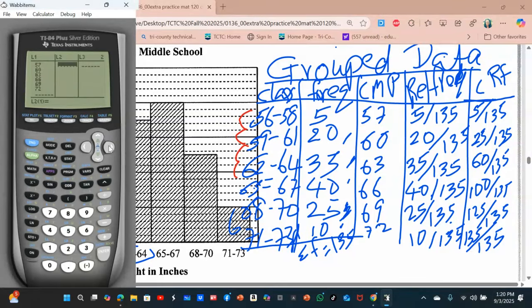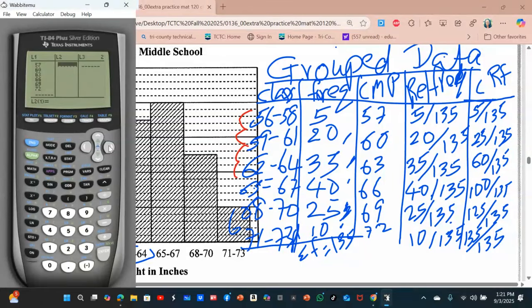I am told to find the 5-number summary of the grouped data. The class midpoint is the class representative. Because the data is already grouped for me, there's no way I can recover the original data.